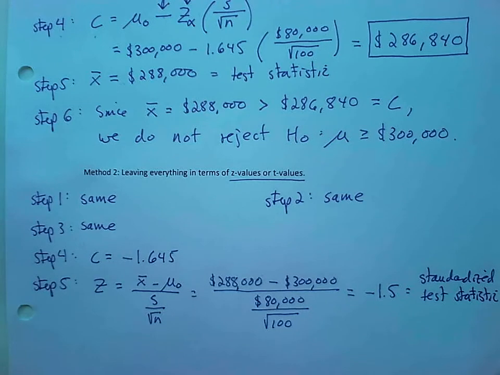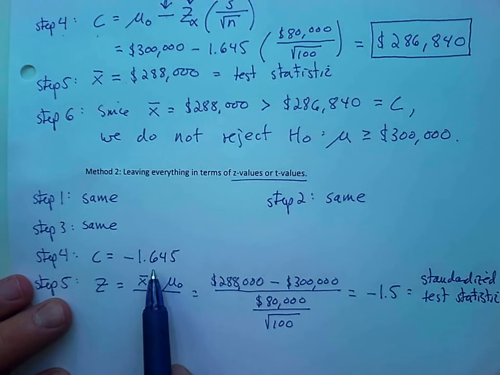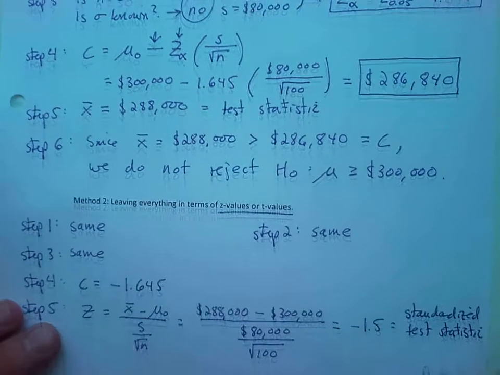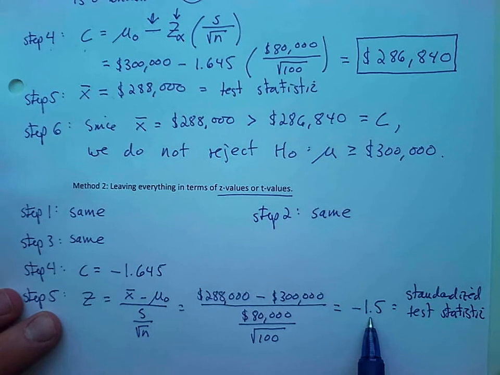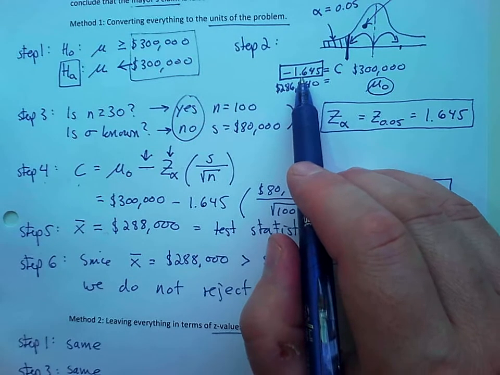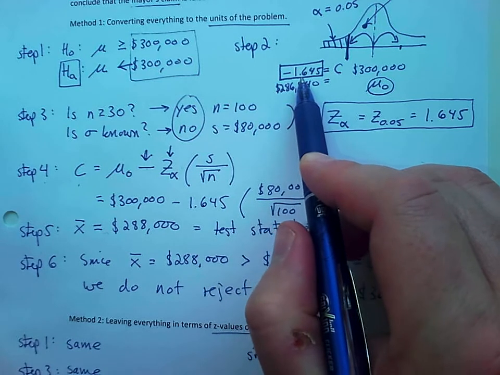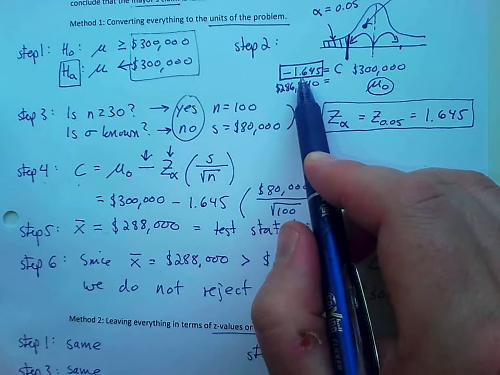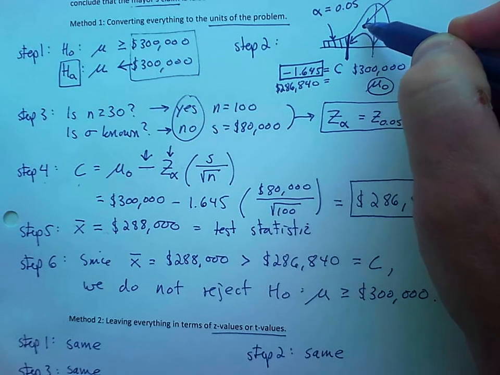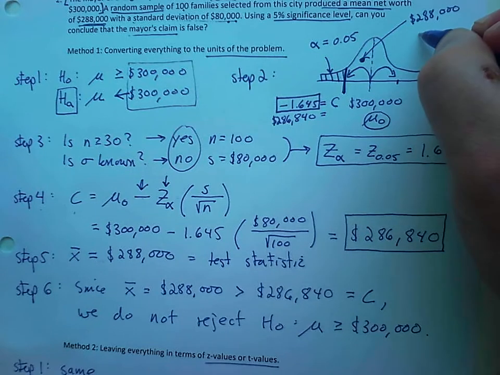Now, what do we compare this standardized test statistic to? Our z value for our critical value. So let's do that. We have a standardized test statistic of negative 1.5. Here, our rejection region begins at the critical value of negative 1.645, which again means that the standardized test statistic does not fall within the rejection region.